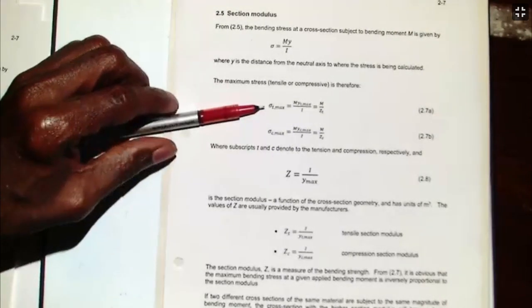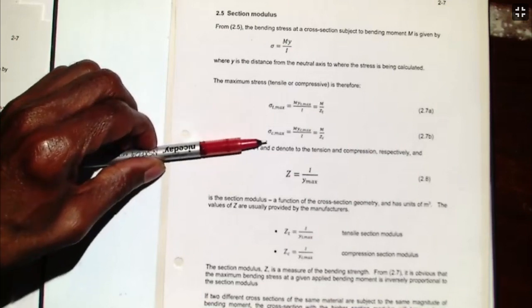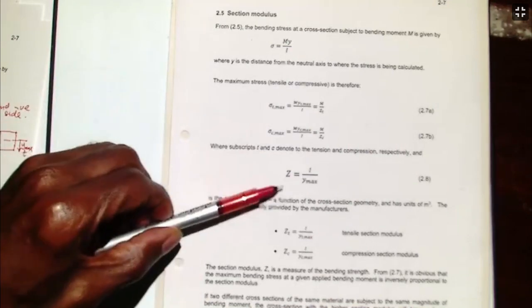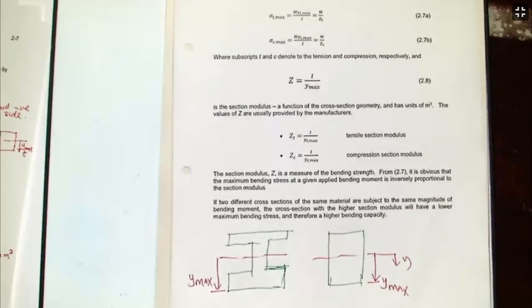If you use that principle, we can find the maximum stress in tension and the maximum stress in compression, which is what we have here. And that brings us to what is called the section modulus, which is the second moment of area divided by the maximum distance from the neutral axis to the surface of the beam.